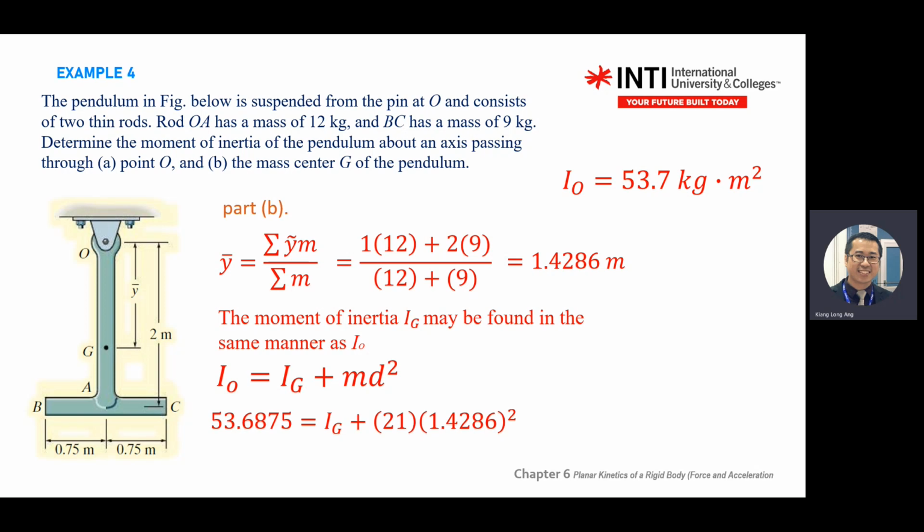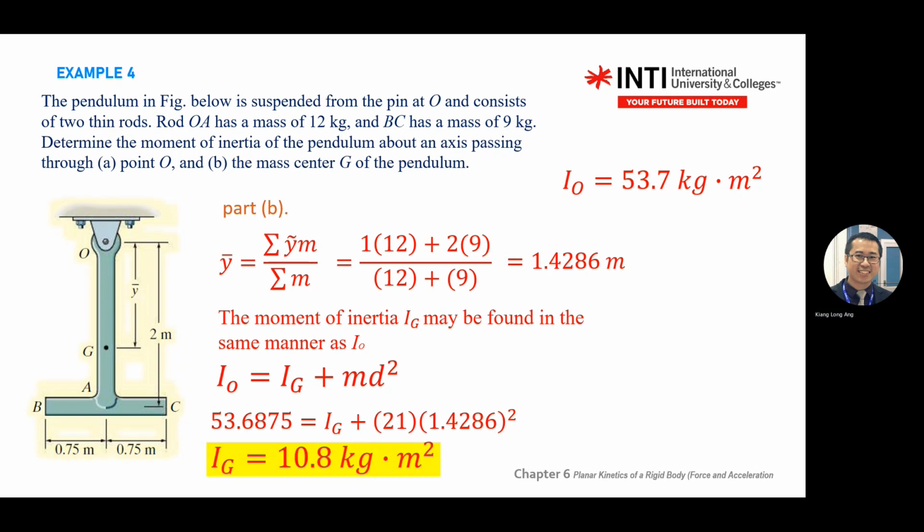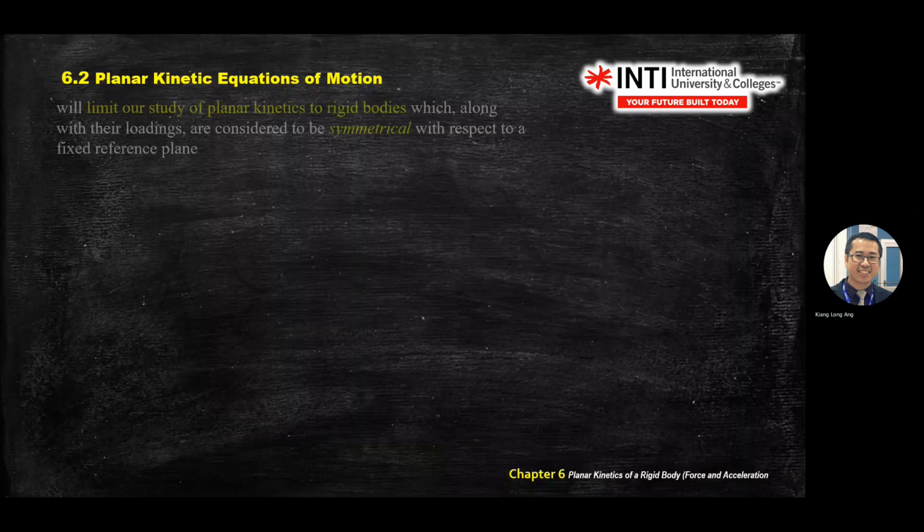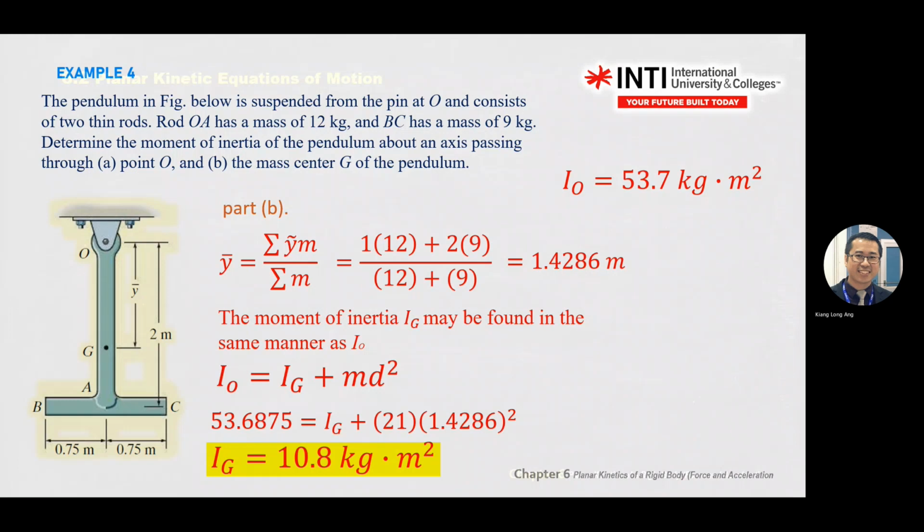You find the average Y here. So you get your Ig 10.8. So this is how you find it.